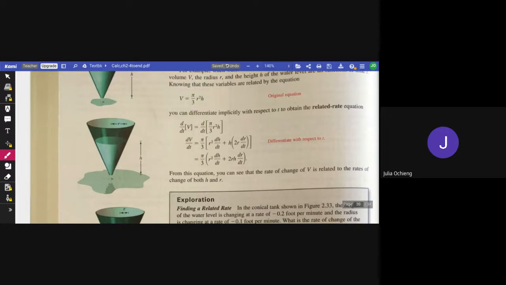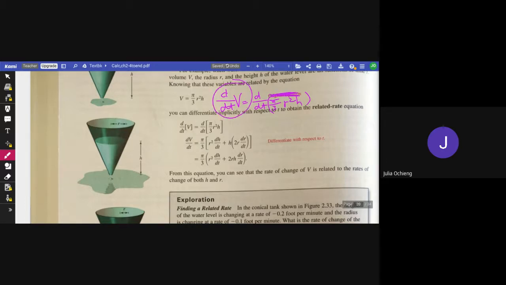So that means if I think of it in terms of chain rule, it's d over dt of the volume equals d over dt of pi over 3 r squared h.